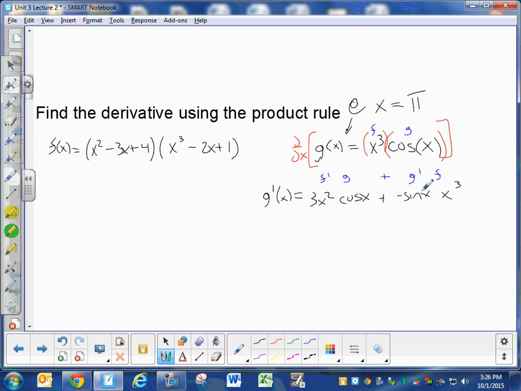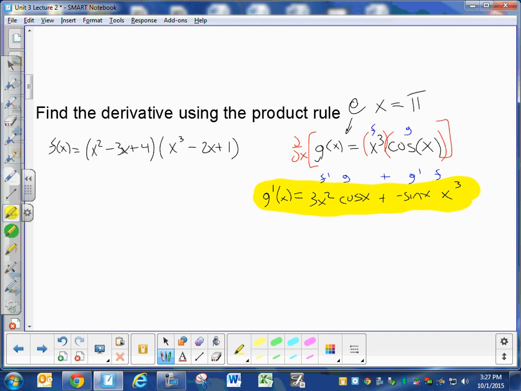Okay, now this is a messy derivative, right? It's like kind of large. There's multiple parts. However, it is a derivative. This is our helper. This is our tangent slope generator. This has feelings too. You can simplify it if you want to, but I will let you just write this and leave it like that.